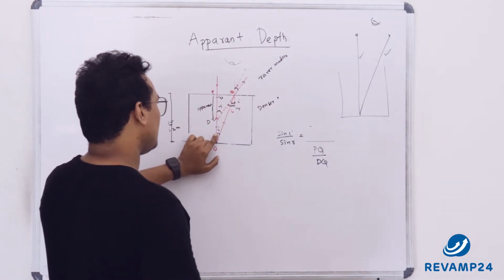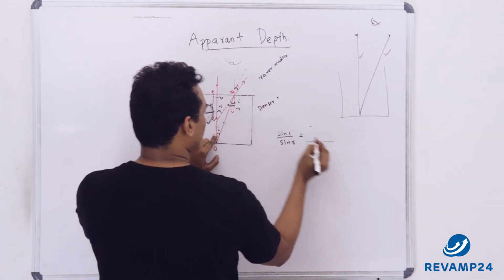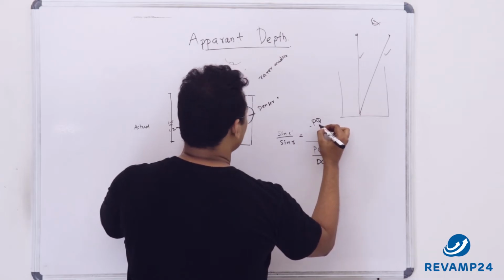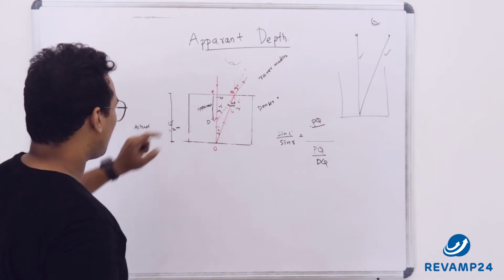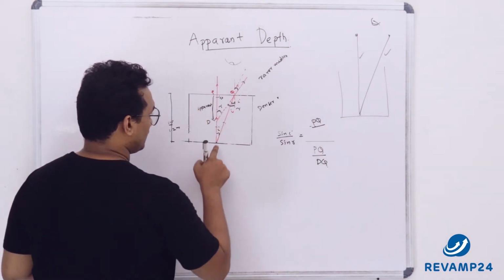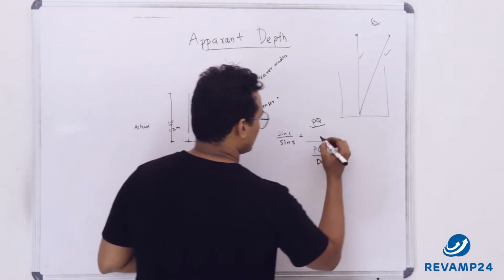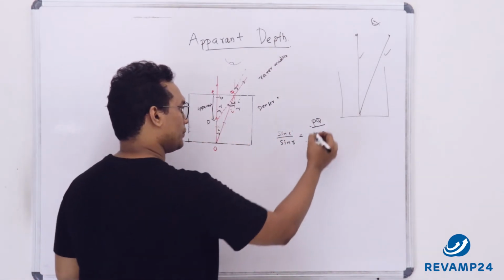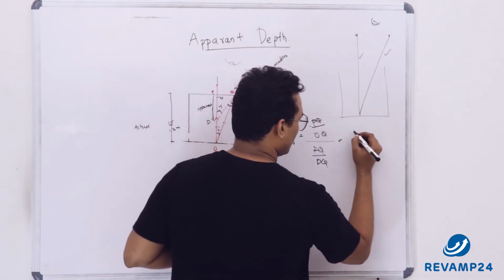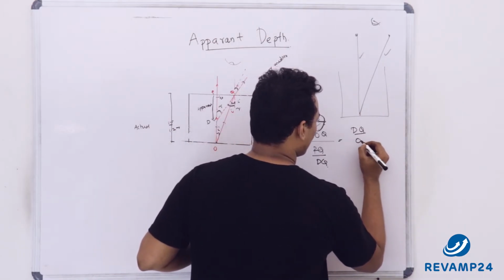So if this is I, what is sin I? Sin I is opposite PQ divided by hypotenuse OQ. Okay, now PQ would cancel and the answer would be DQ by OQ.